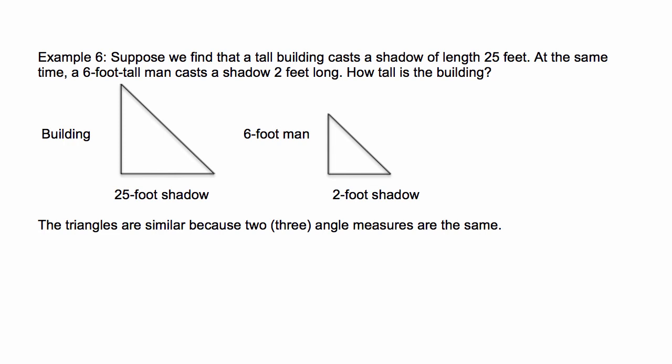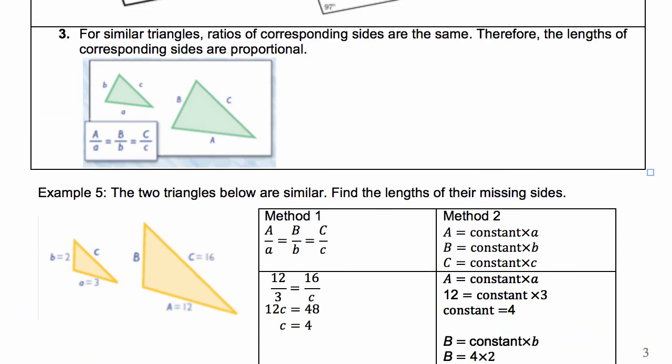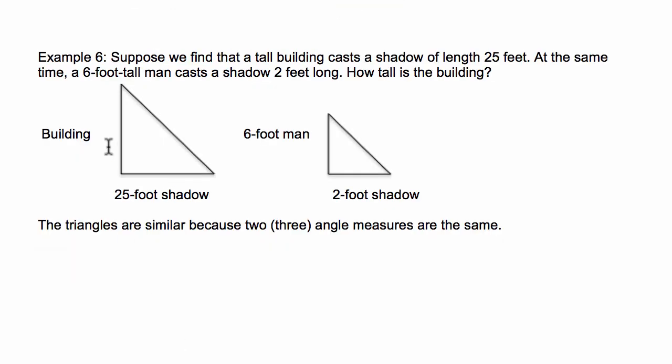Moreover, since the triangles are similar, the ratios of corresponding sides are the same and the lengths of corresponding sides are proportional. Since the ratios of corresponding sides are the same, the height of the building over the height of the man is equal to the shadow cast by the building over the shadow cast by the man.